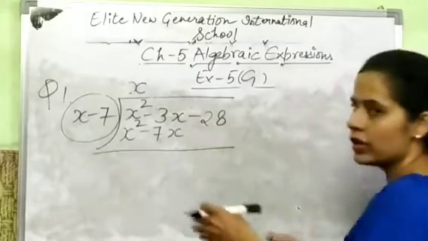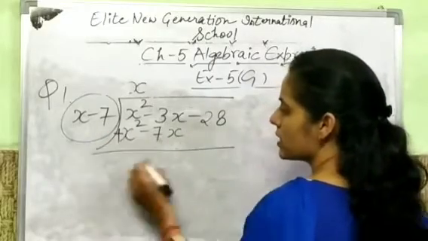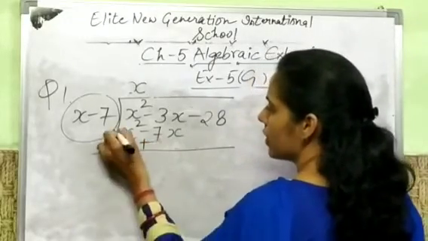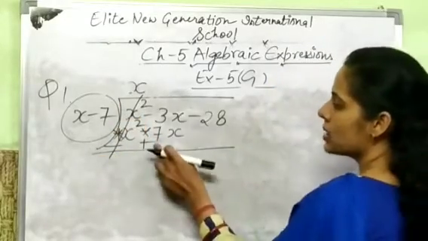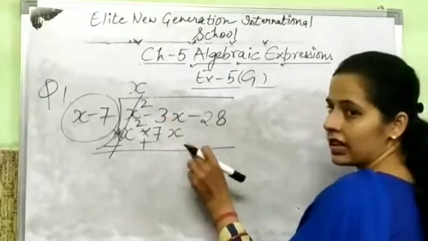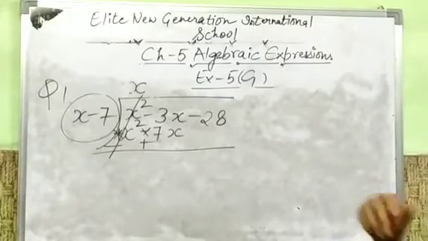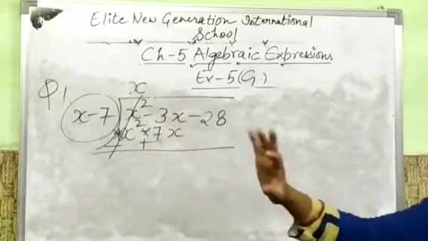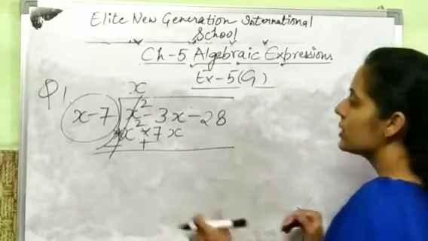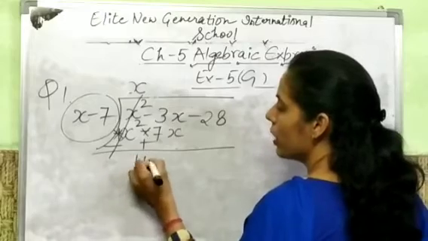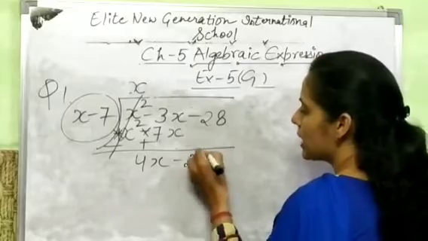Now in division we know we need to subtract. In subtraction, this one is with positive sign, so change all the signs. This one becomes negative, this one becomes positive, so these cancel out. Now from this side, minus 3x plus 7x. Just calculate these values mentally. You can easily calculate it because you have already solved these types of questions in other exercises. So from this side we get 7 minus 3, which is 4, with positive sign because 7 is greater than 3. Now from this side we can bring down this minus 28.